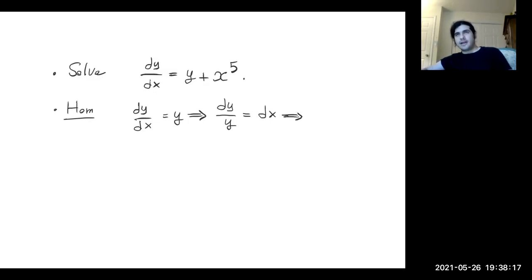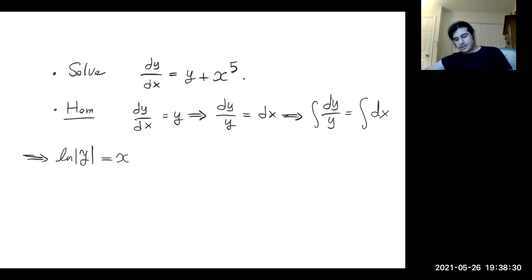We separate the variables, and then we integrate both sides. The left side would be the ln of the absolute value of y. The right side would be x plus a constant c, and therefore y would be a constant times e to the x. That would be the solution to the homogeneous part, right?